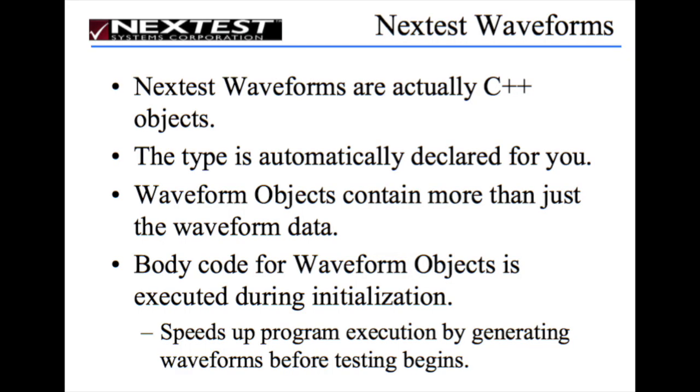Just believe it, okay? So the body code in the waveform object is executed during initialization. It speeds up program execution by generating waveforms before testing begins. That's a big deal. You don't want to waste your time while you're testing a part generating waveforms.